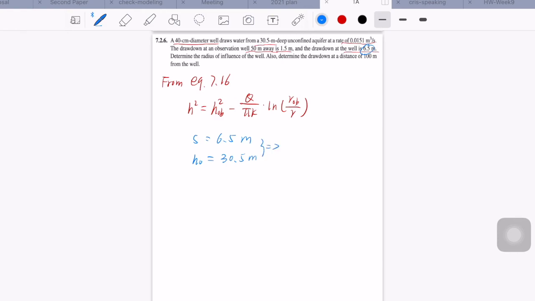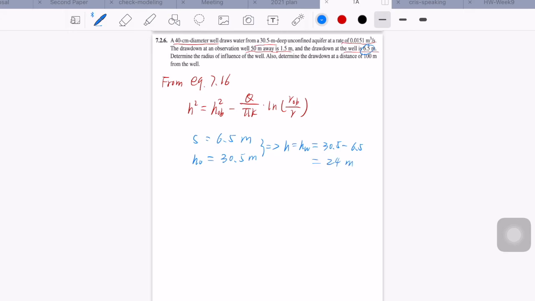So we can determine that H equals HW equals 30.5 minus 6.5, so 24 meters.